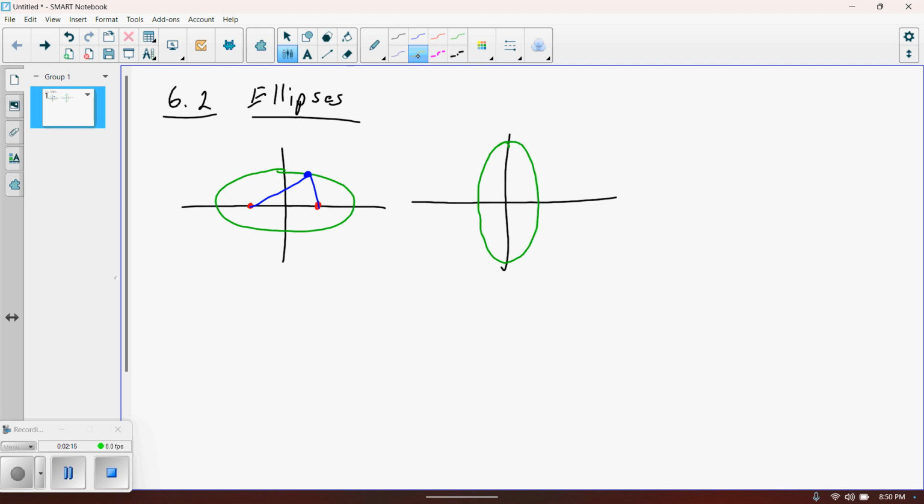So if I put a point over here, and take the distance from the left focus and the distance from the right focus and add those two orange lines, it would be exactly the same as the sum of the two blue lines. So that's ultimately the mathematical definition of an ellipse: the sum of the distances from the two foci to any point is the same all the way around the ellipse.